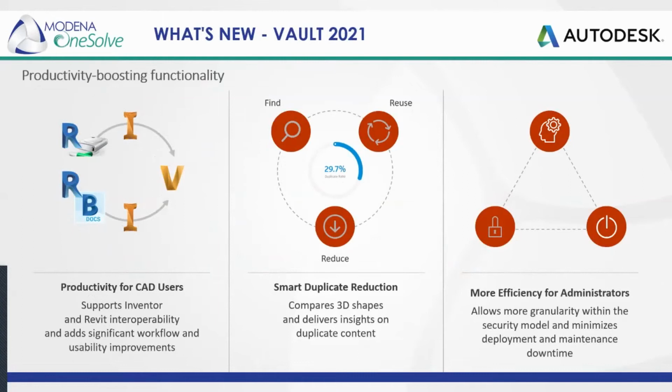Having a look at those categories, like we've mentioned, productivity for CAD users: there's new interoperability between Vault 2021, Inventor, and Revit with workflow usability improvements. Around smart duplicate reduction, Autodesk has included a powerful geometric search feature within Vault Professional. This obviously adds more value for users through increased productivity and cost savings.